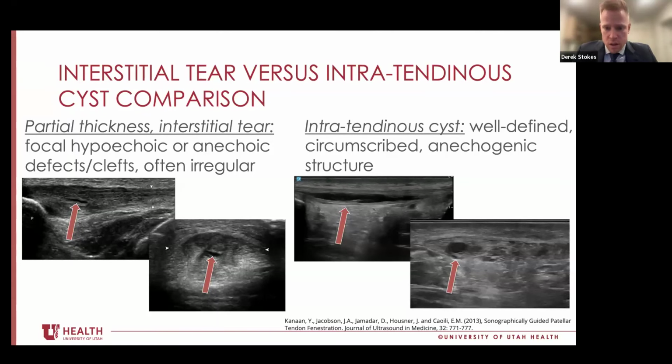However, in our case, you can see how, again, we have this well-defined circumscribed elongated anechoic structure that again holds its shape. It doesn't extend into any surrounding tissues. Not to get into the treatment much at all, but we did end up aspirating this specific structure, and our aspirate was a very thick, gelatinous, kind of clear fluid that represented that of a ganglion cyst, again, confirming that this was a cyst.